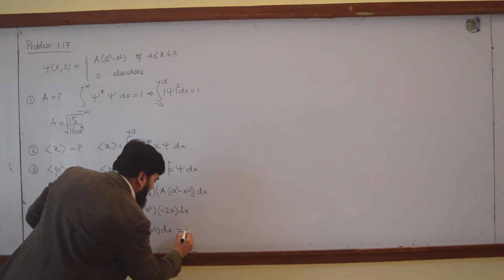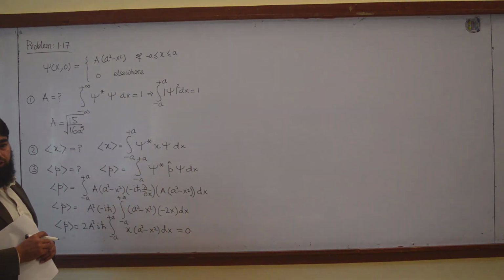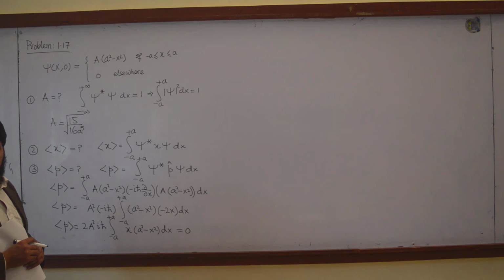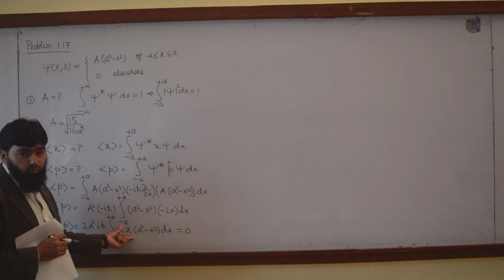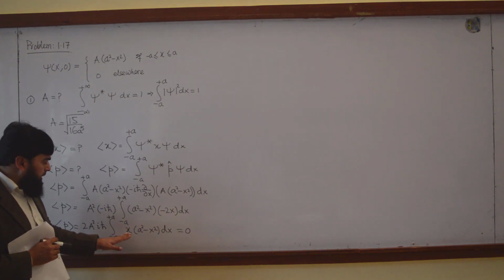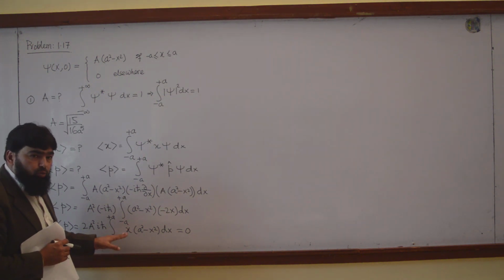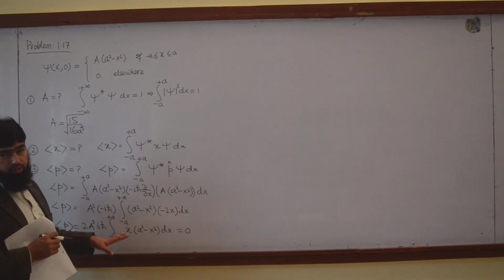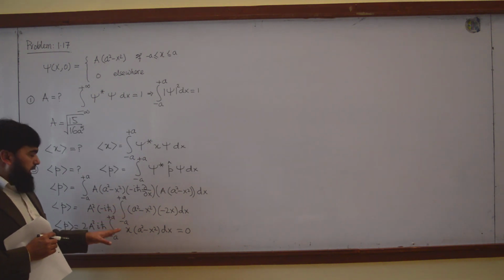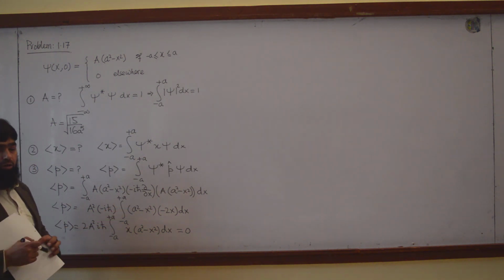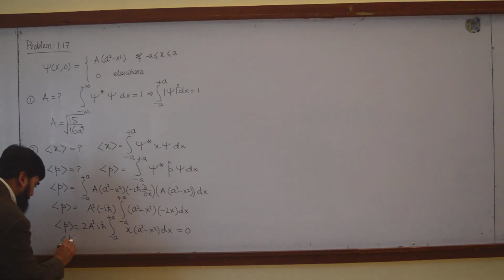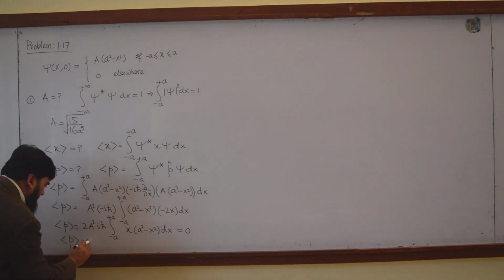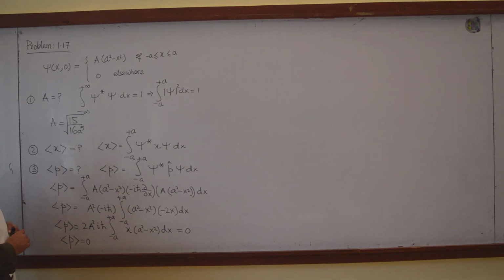So this will always give you 0. You will have to do this test always. Whenever your integral is simplified, always do the odd-even test, and this will save you a lot of time. So the expectation value of the momentum is equal to 0.